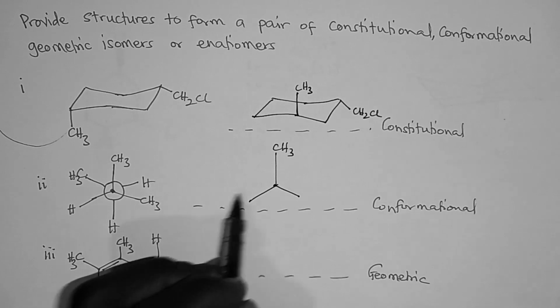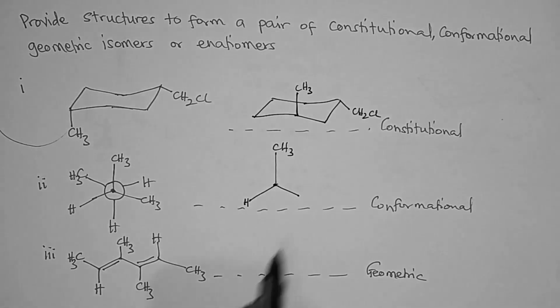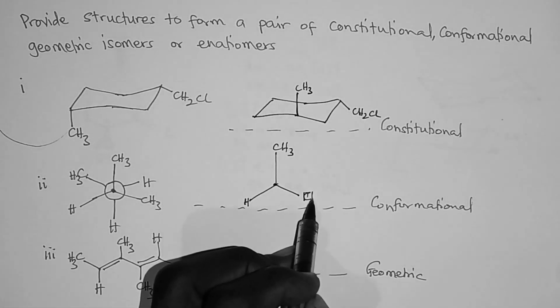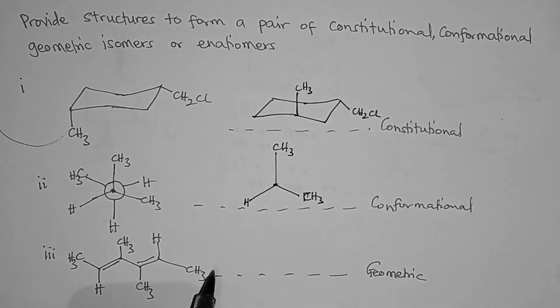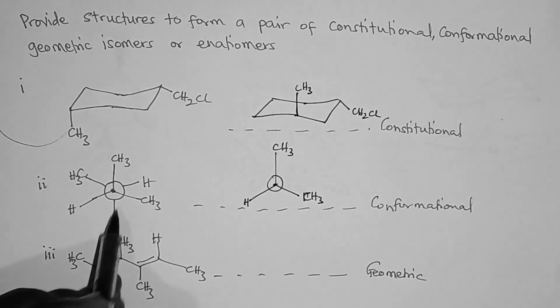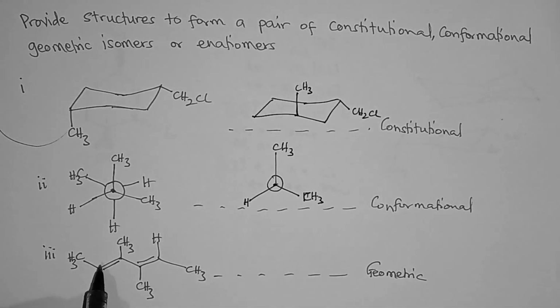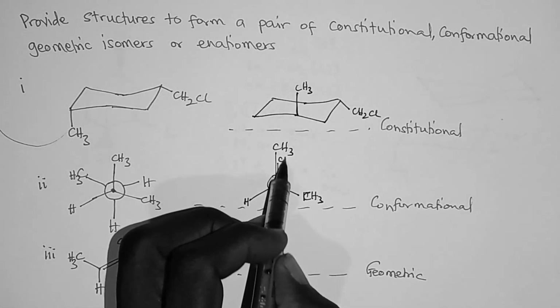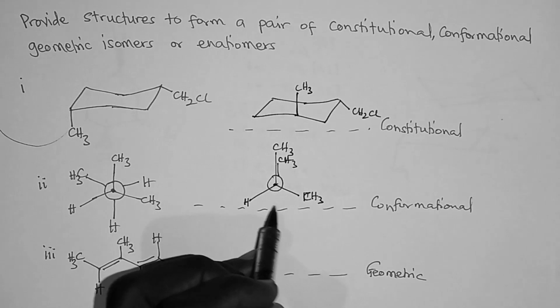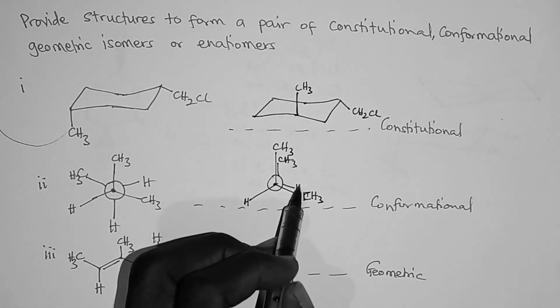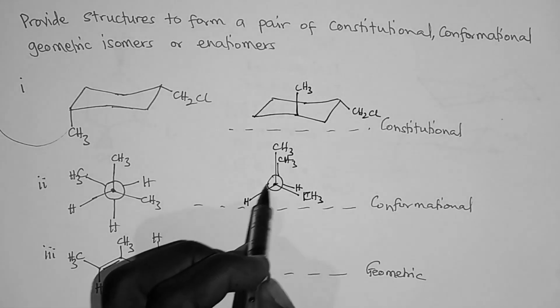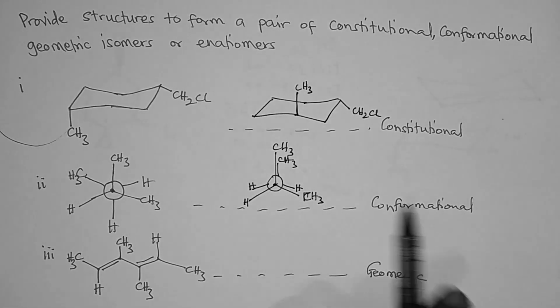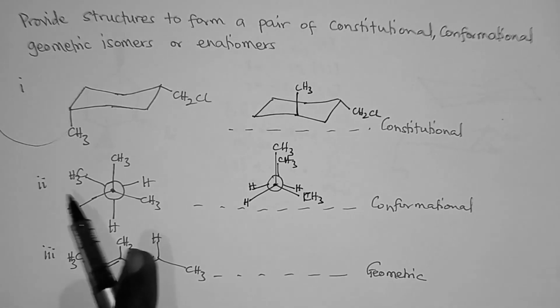And then here's a proton. And then this also is CH3. And then this is the carbon at the back. And because we are drawing an eclipsed conformation, we can put a CH3 here. I can put a proton here. And then we can also put this proton here. So this is a conformational isomer of this one.